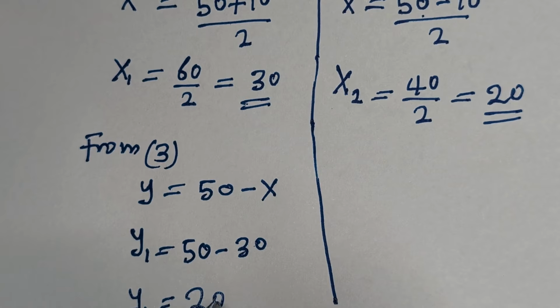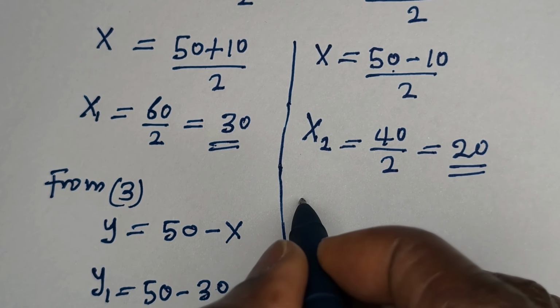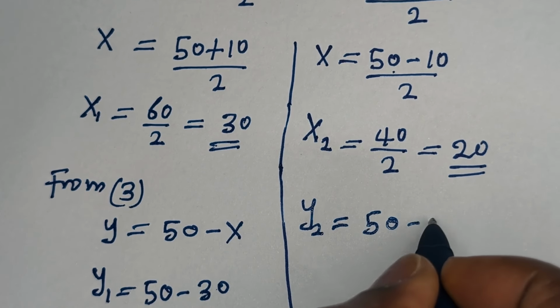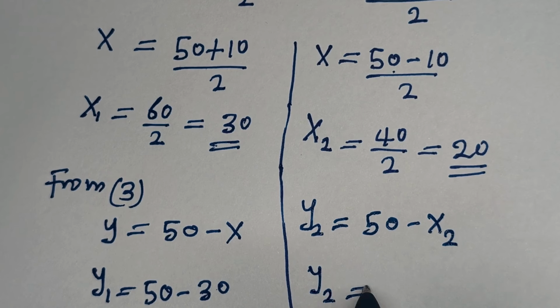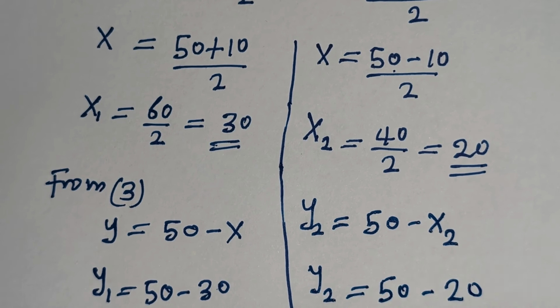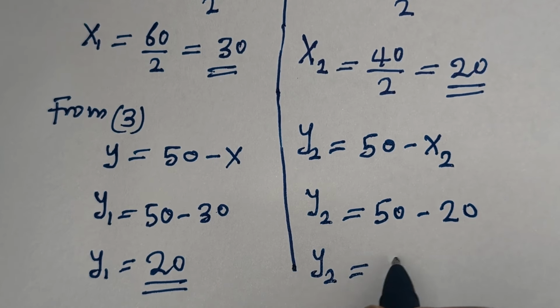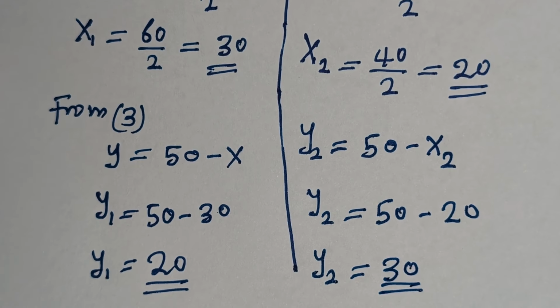This is 20. This is the value of y1. Also, from here, y2 is equal to 50 minus x2, which is 20. y2 is equal to 50 minus 20, that is 30. This is the value of y2.